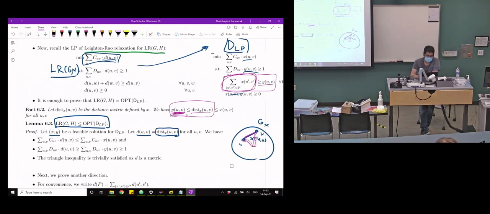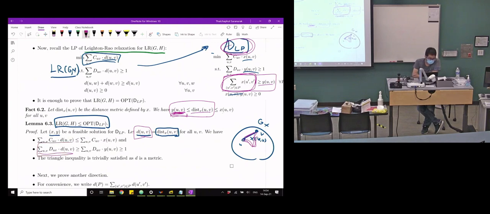And you can now verify that with this definition of D, first of all, the objective here is at most the objective from this LP. So the objective is better. And is it still feasible as well? Why?